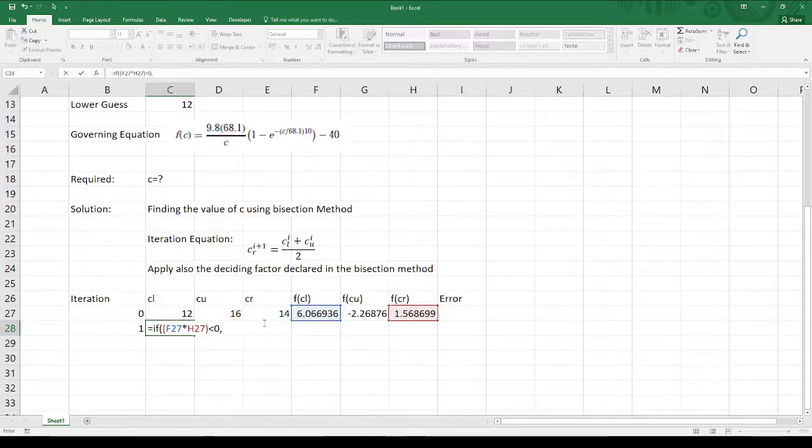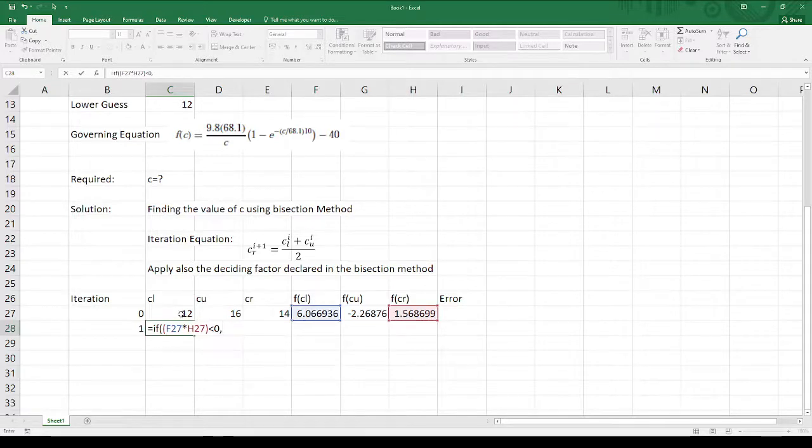If it is lesser than 0, then you should be replacing the upper one, meaning you will take the lower value as is.